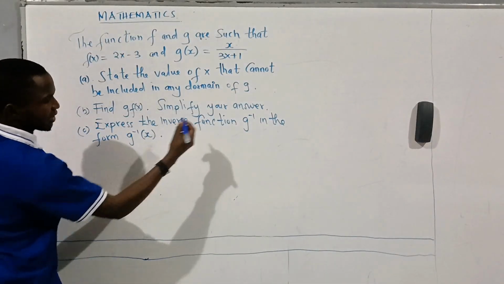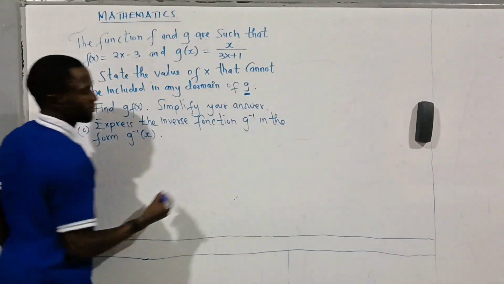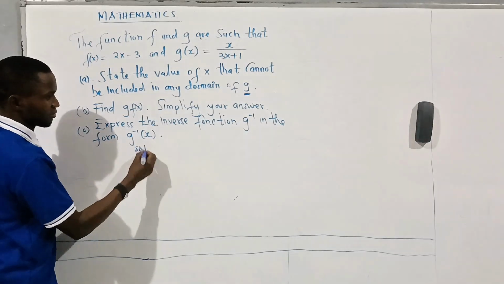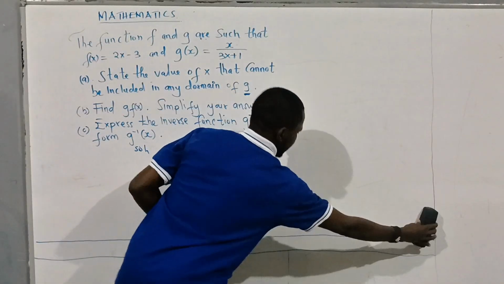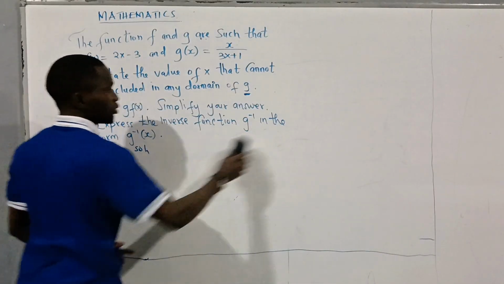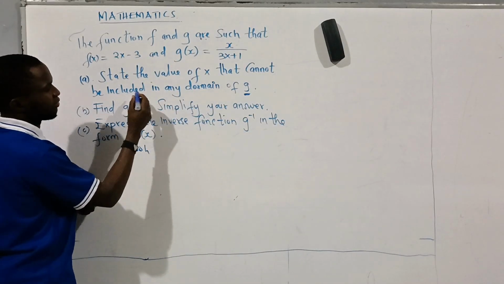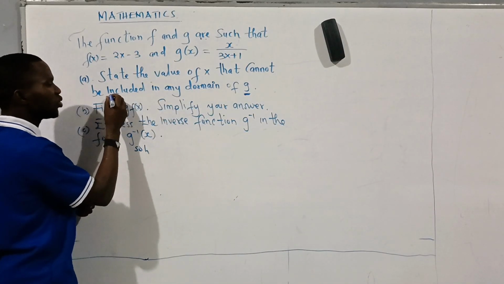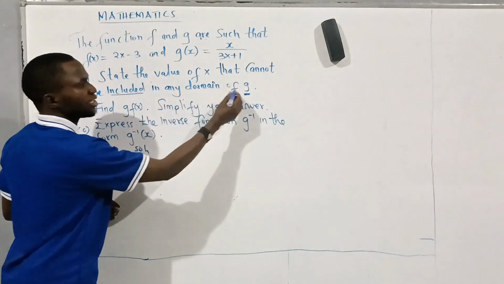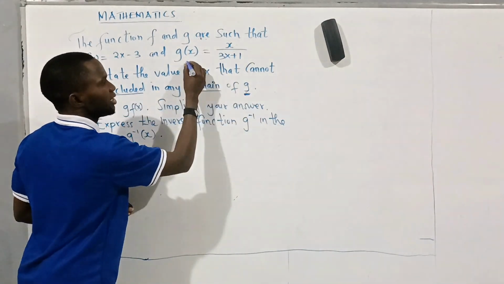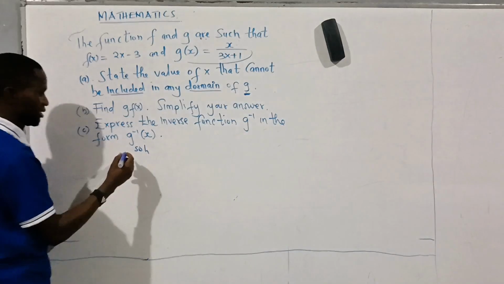Specifically, look at g, because the question wants us to find the value of x that cannot be included in the domain of g.